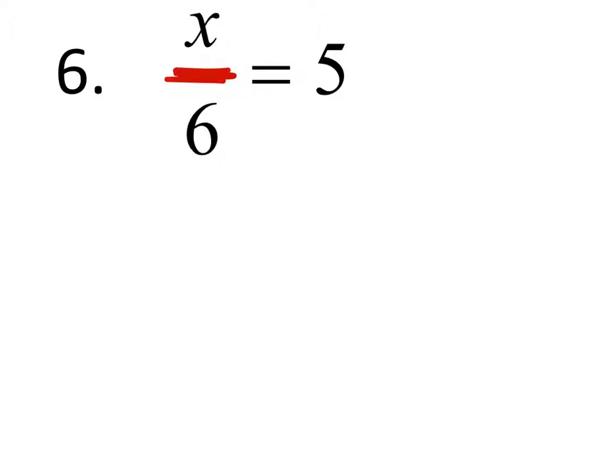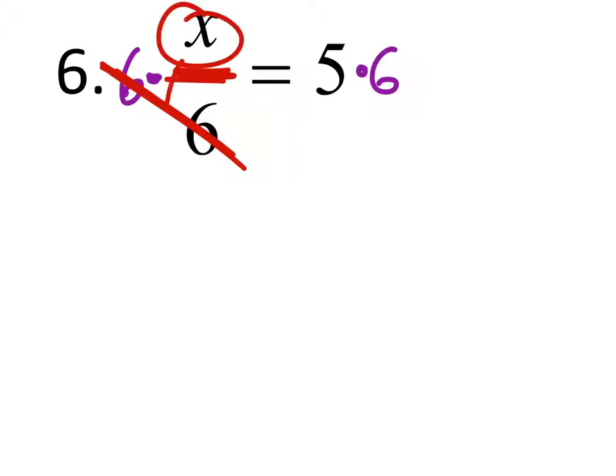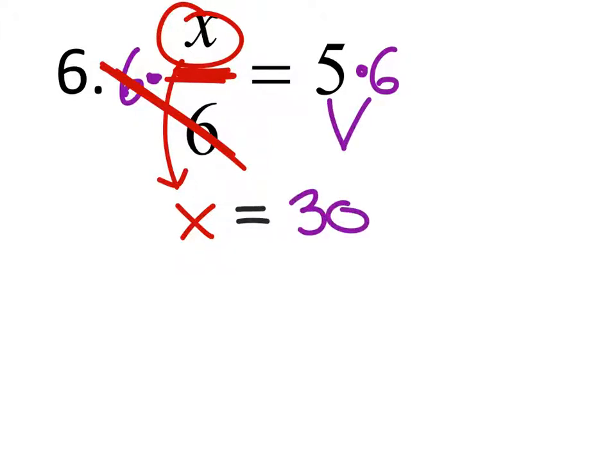So to get rid of it, I just need to multiply, and again we have to do it to both sides, by some number. Well, if I multiply this by 6 on both sides, these 6's right here will cancel out, which just leaves us with this x, which is what we wanted. And this tells us that x equals 5 times 6, which is 30.